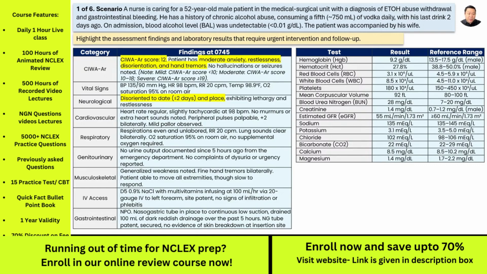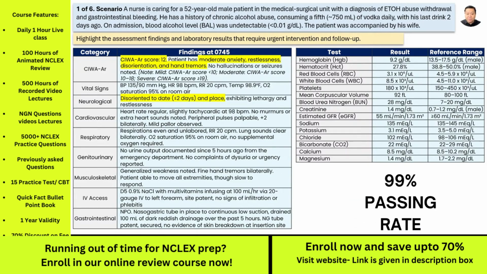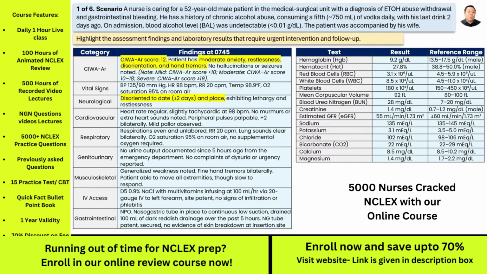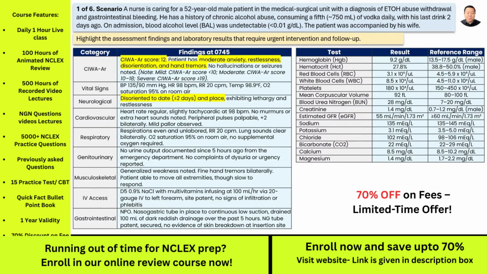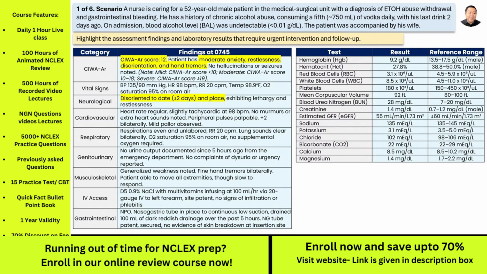This should raise a red flag for you, and this reflects possible progression to delirium tremens, which is also life-threatening. In withdrawal management, this level of mental status change means the patient must be watched closely, and we're talking about neurological assessments and vital signs, so we can catch those deteriorations early on.